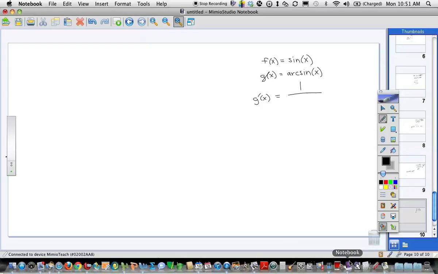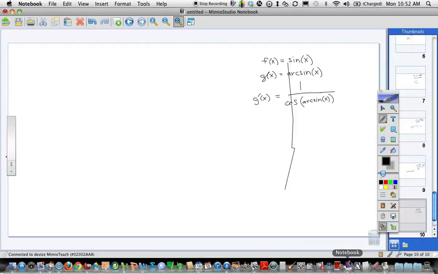So this would be 1 over what? f prime would be cosine with what inside? Arc sine. So the derivative of g, with f and g being inverses, because of what we learned earlier today, g prime, which is what I'm interested in, the derivative of arc sine, should equal this.